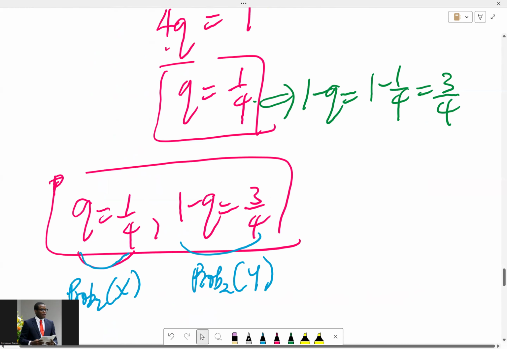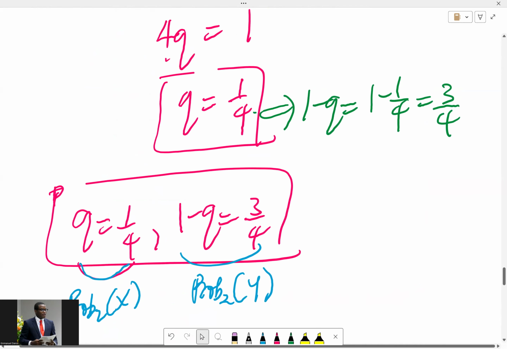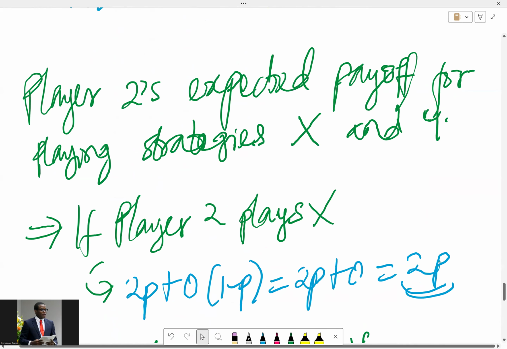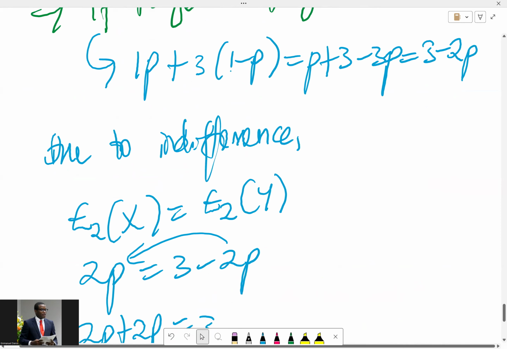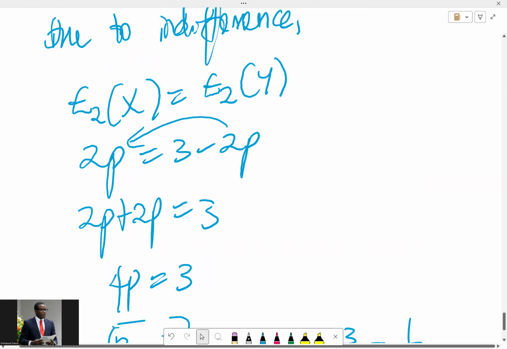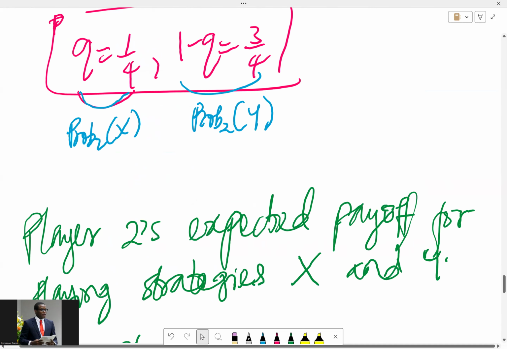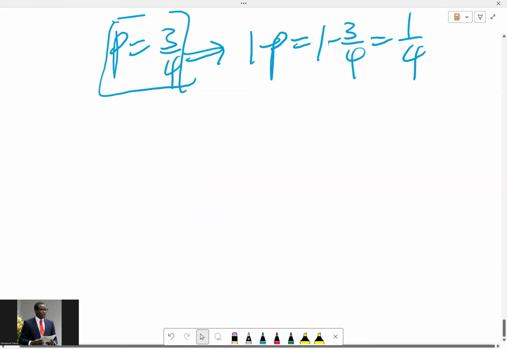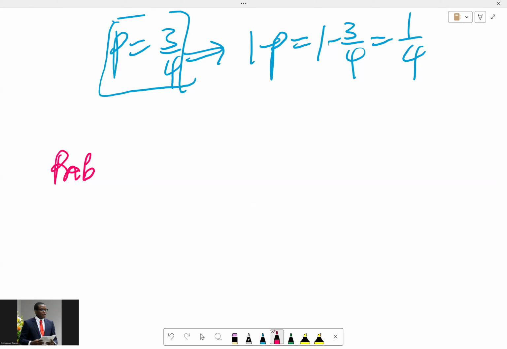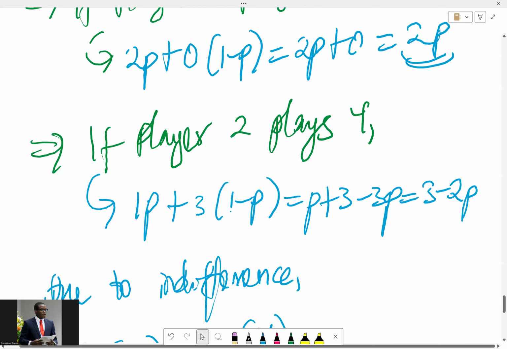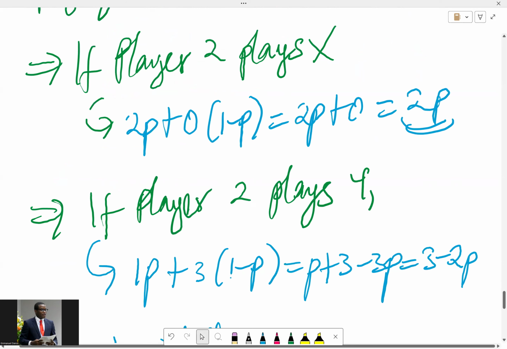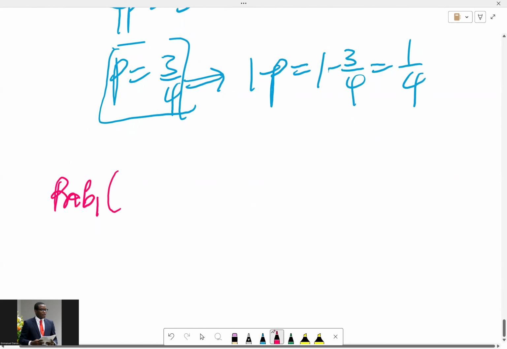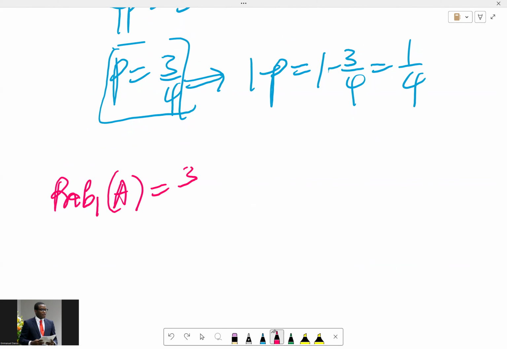And just like we had before, this is now 3 over 4, 1 over 4, as opposed to 1 over 4, 3 over 4 the other time. So here, we now see that the probability of player 1 playing A is equal to P, which is equal to 3 over 4.